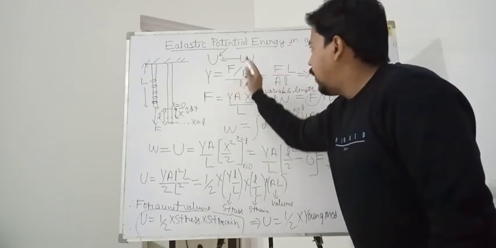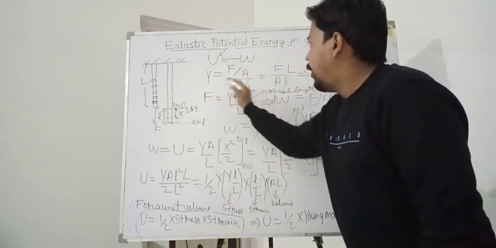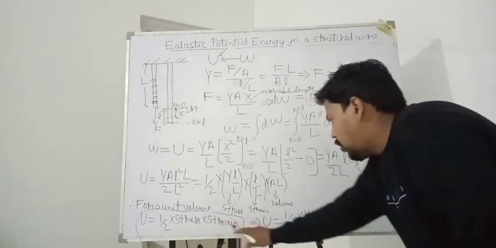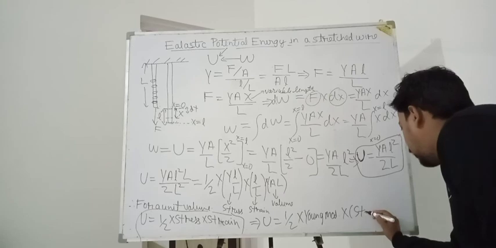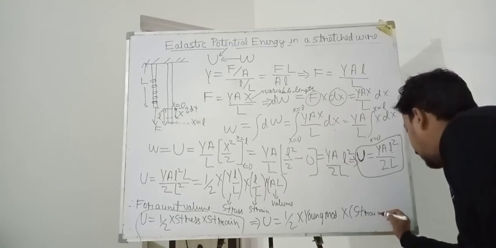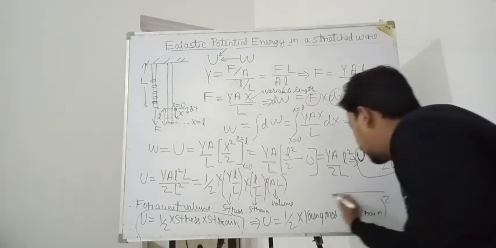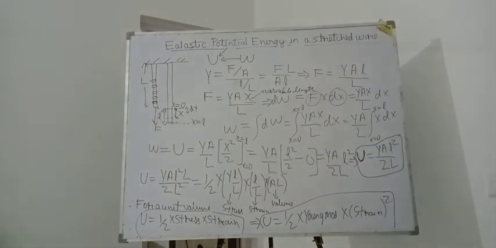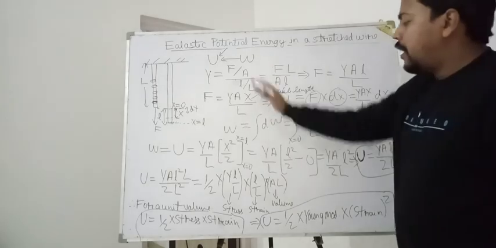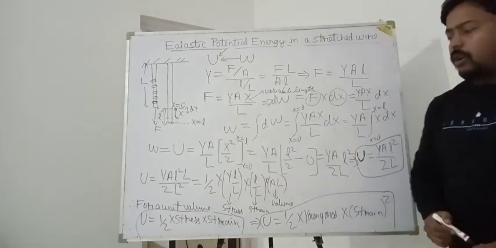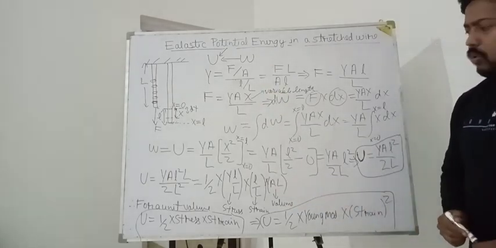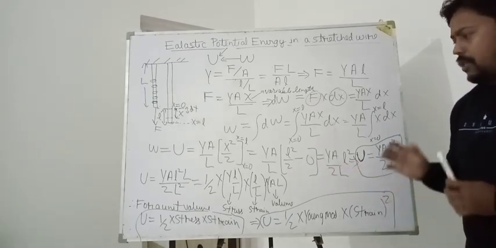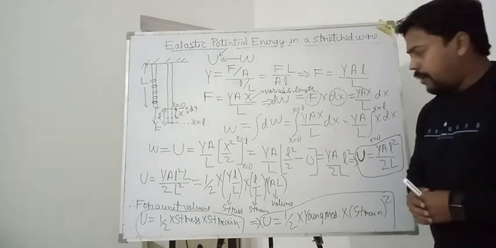So strain into strain, one strain is already here, so it will be strain square. So this is another relation between different physical quantities that we have. Potential energy is expressed in terms of these factors also. The things which I am bracketing here are very important, so just remember these formulas.